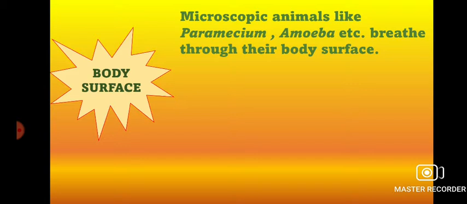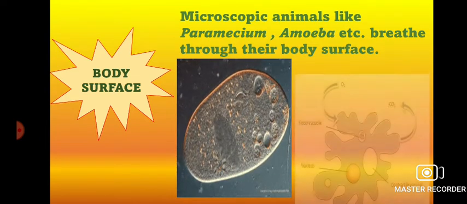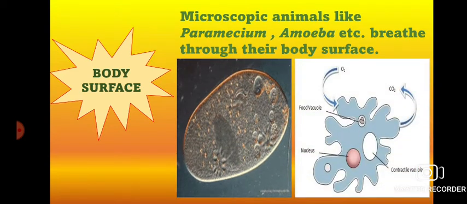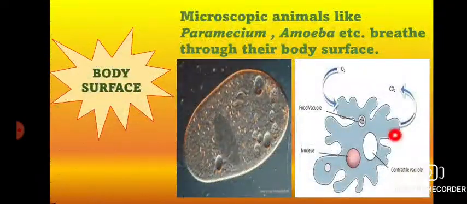So microscopic animals are those animals which can be seen through a microscope. These are paramecium, and another animal here you can see is the amoeba.